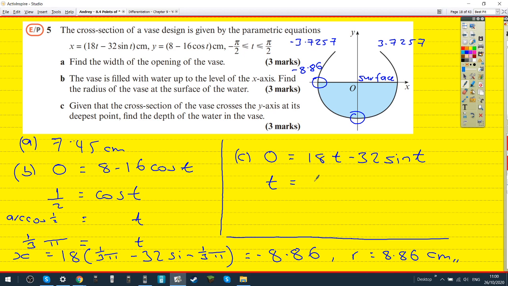The only one that's exact is 0, when time is 0. Okay. What would you do with that? Sub that into y equals. And so that will be 8 minus 16 cos 0, and I got minus 8. Minus 8 centimeters. Looks alright.